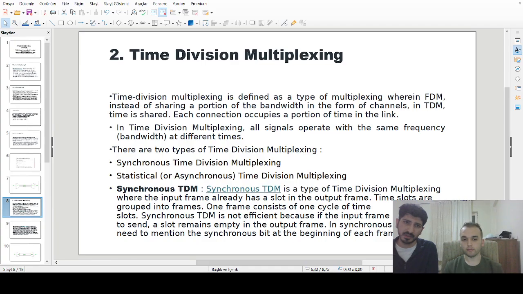Synchronous TDM is a type of time division multiplexing where the input frame already has a slot in the output frame. Time slots are grouped into frames. One frame consists of one cycle of time slots. Synchronous TDM is not efficient because if the input frame has no data to send, a slot remains empty in the output frame. In synchronous TDM, we need to include the synchronization bit at the beginning of each frame.